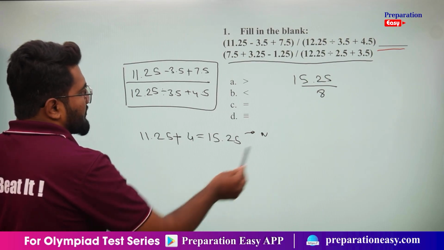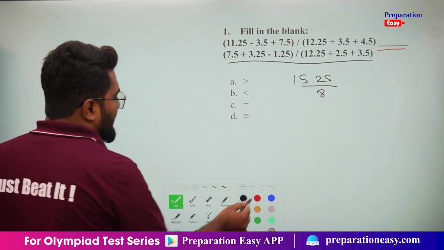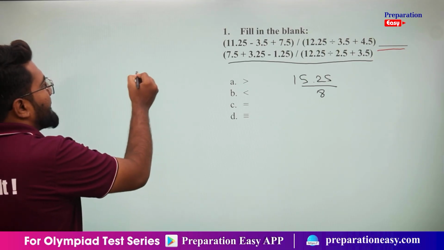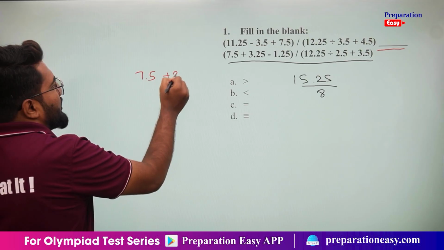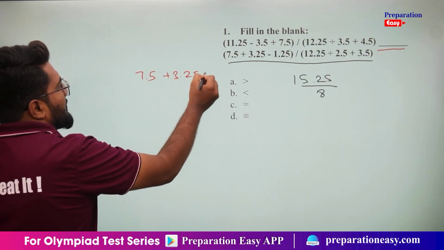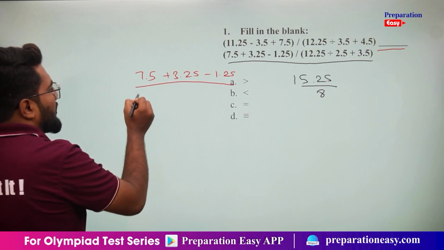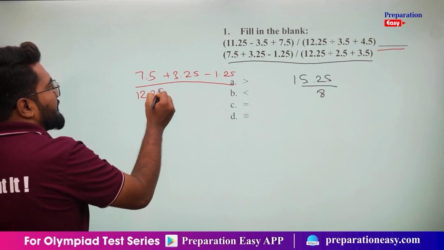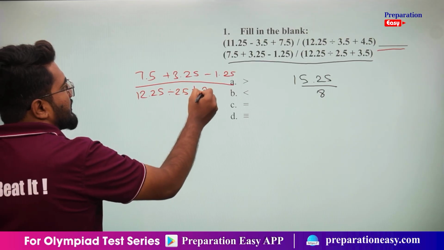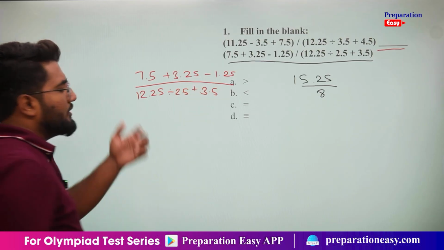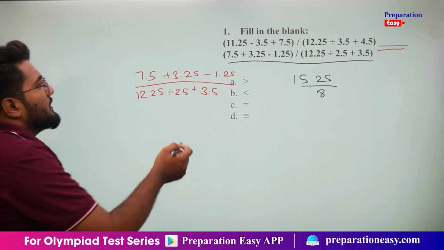Now we will solve the second equation. What is the second equation? 7.5 plus 3.25 minus 1.25 divided by 12.25 divided by 2.5 plus 3.5. So we have to solve this.